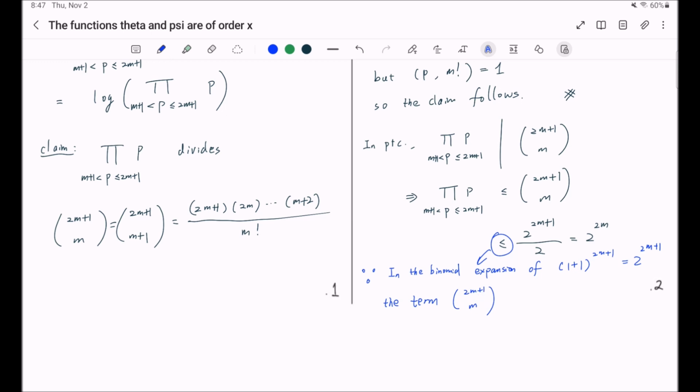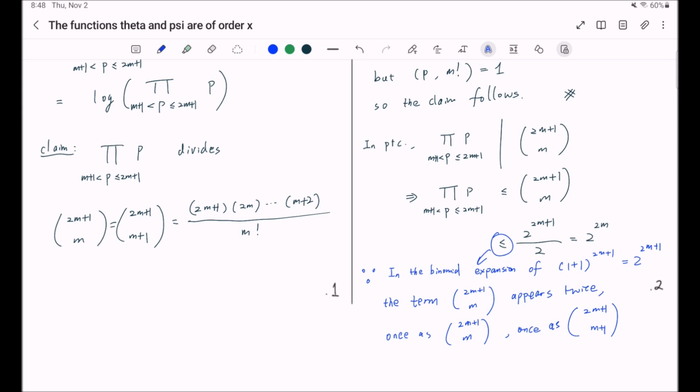Once in this form, just 2m plus 1 choose m, and once as 2m plus 1 choose m plus 1. And you know they are actually equal. So this guy appears twice.